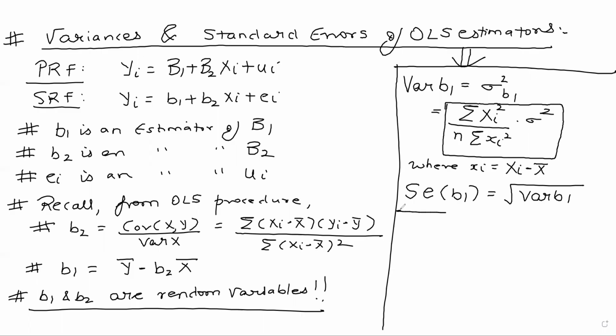Then let's talk about variance of B2. Now B2 is estimating capital B2. Its variance is denoted by sigma square B2, which is sigma square upon summation small xi square. What is sigma square, guys? The homoscedastic variance, if you all can recall. Sigma square is the variance of the ui.